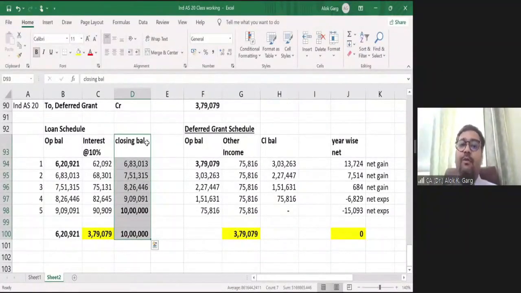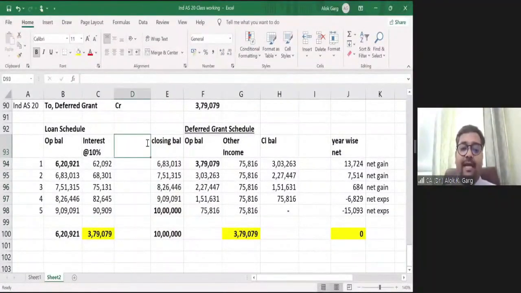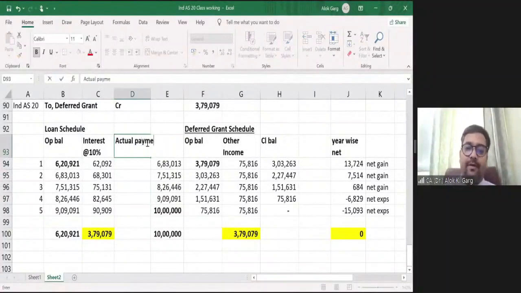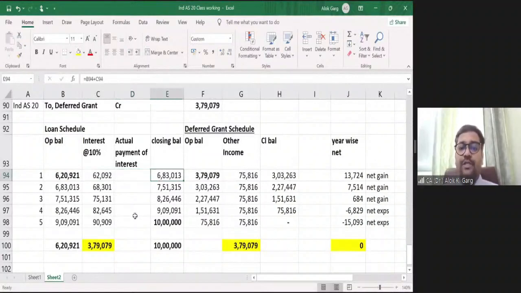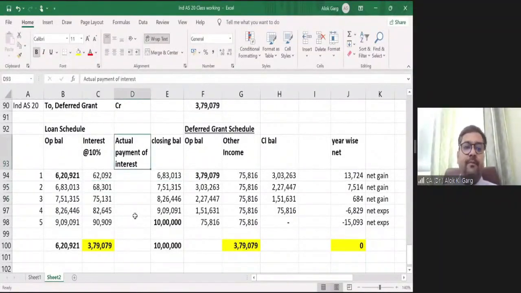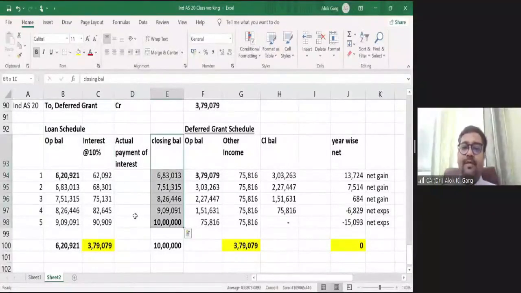So here you have to show the actual payment of interest. And when you show the actual payment of interest at the rate of 5%, of course this 62 minus actual interest, so this closing balance will go a little down, and of course this interest will also go down. Okay, clear, guys? I hope you have understood this.